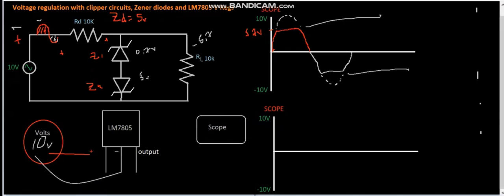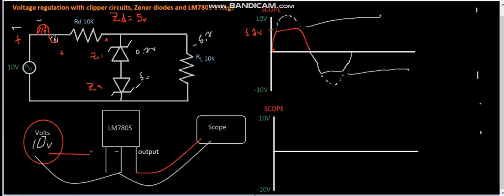So my scope is looking at this, and I'm going to hook up the black wire of my scope, shown in white or gray here. And then my red wire is going to go on the output of this here.